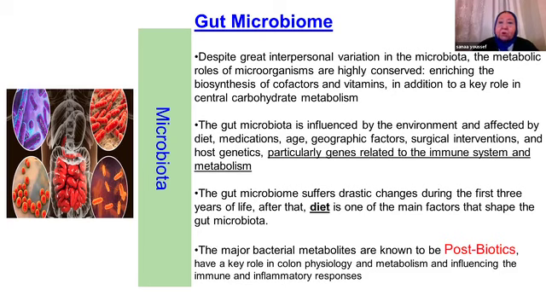Would you give them sugar to down-regulate their immune system, or would you give them a healthy diet, rich in fibers and good carbs, which will boost their immune system?